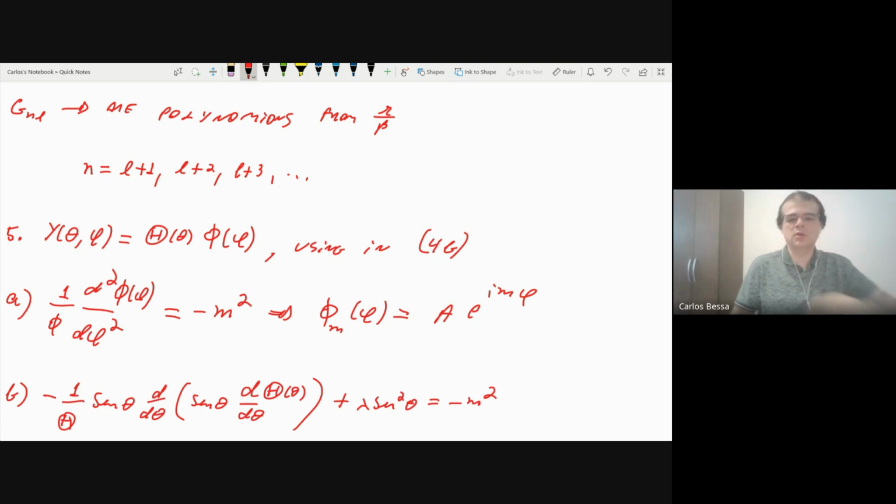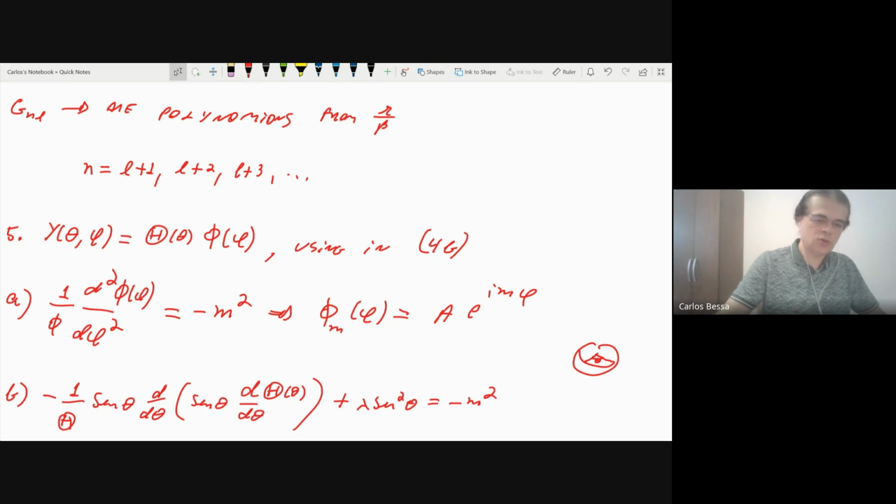This angle here, the sphere, sorry for that. Theta is this angle here, and phi is the other one. So this is the solution for phi, and this is the equation for theta.